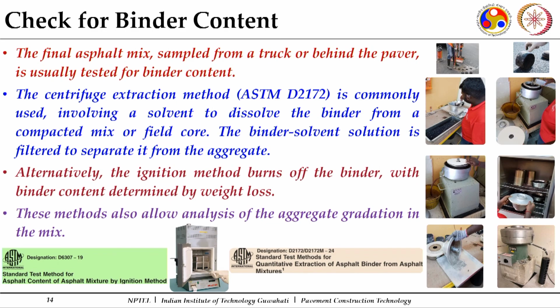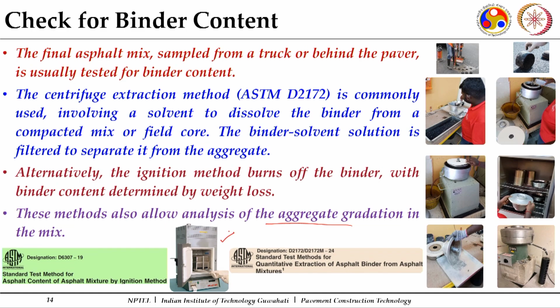These two are widely used methods, and the advantage is that you are able to get the aggregate with you, on which you can determine the gradation also. So, you have determined the binder content and you can work out the aggregate gradation.